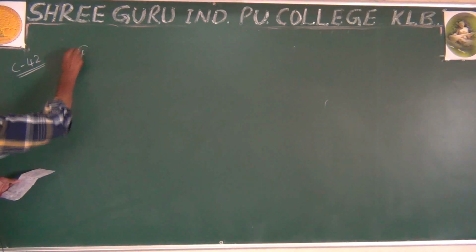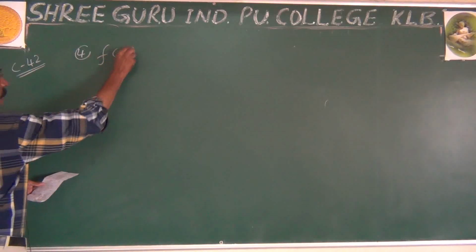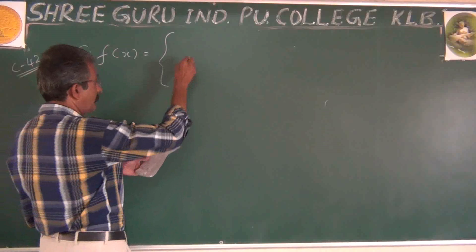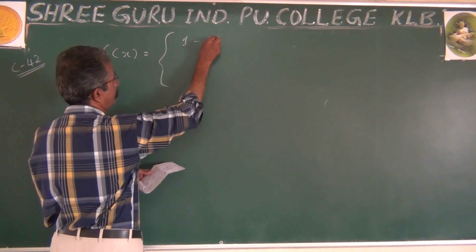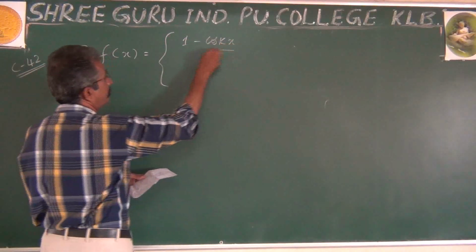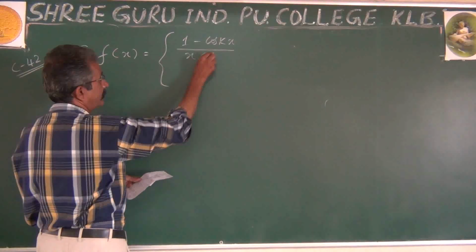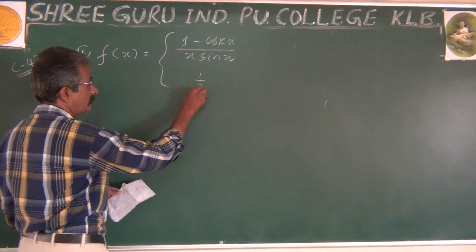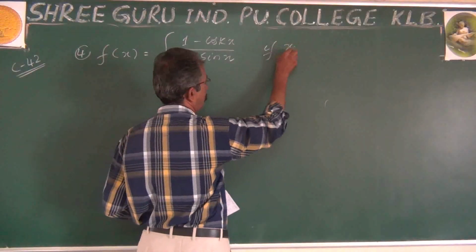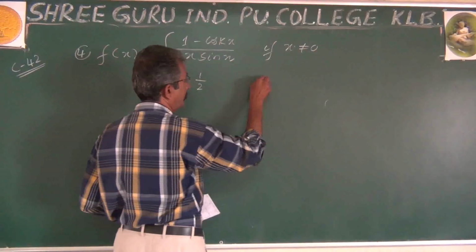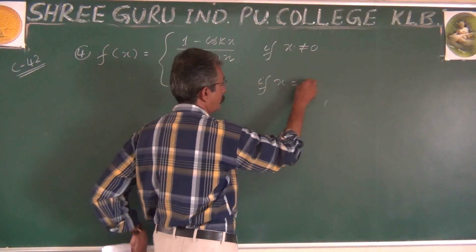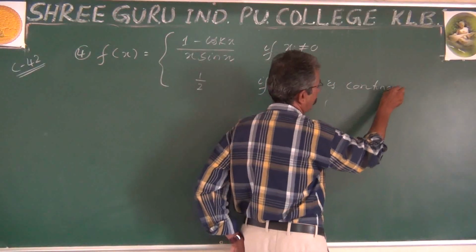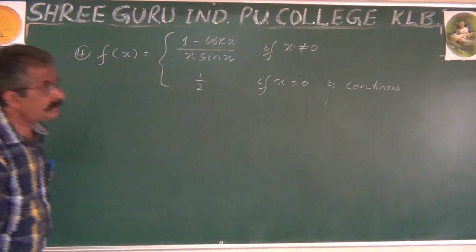If the function f of x is defined by 1 minus cos kx divided by x into sin x if x not equal to 0, and 1 by 2 if x equal to 0, is continuous, understood that continuous at which point?